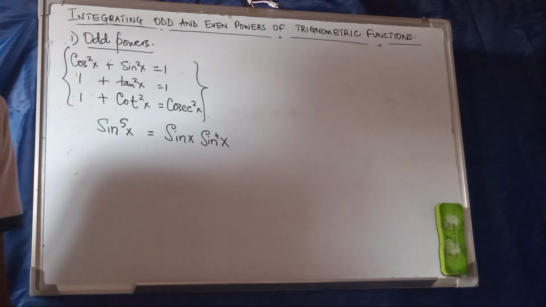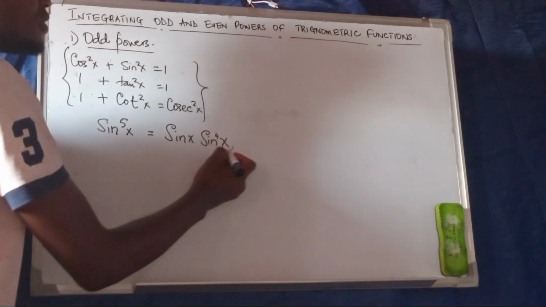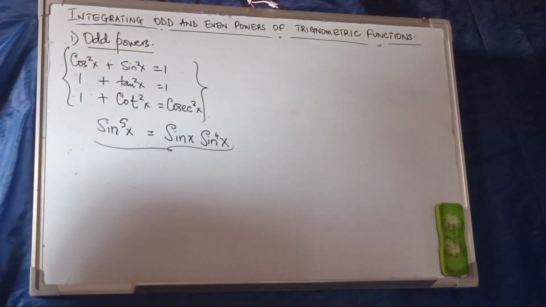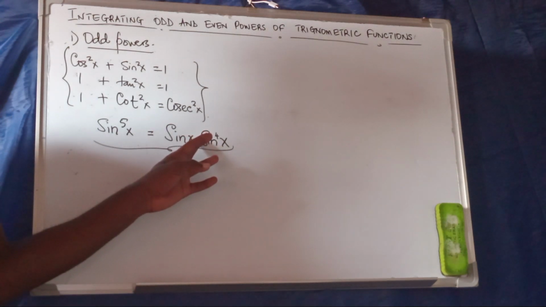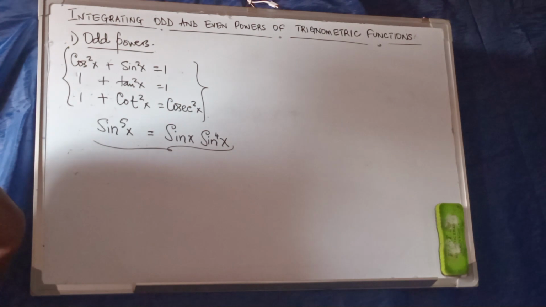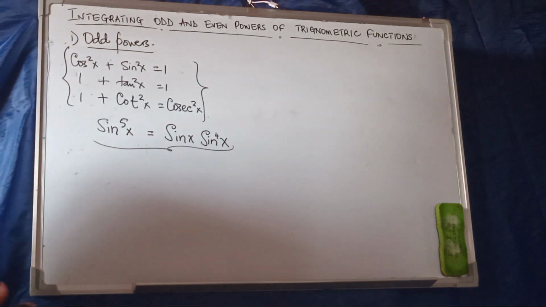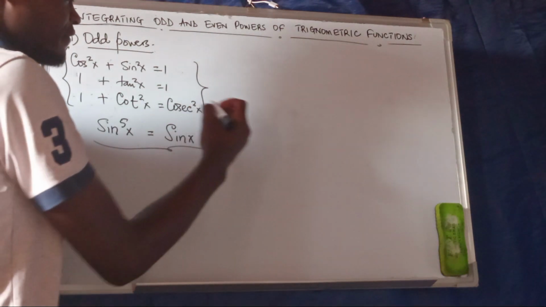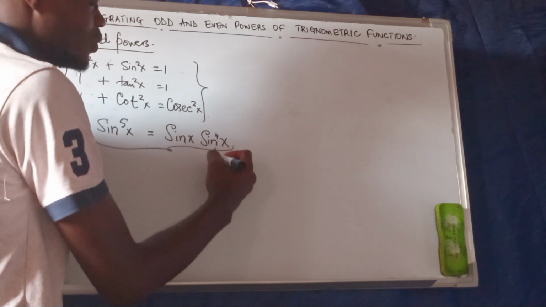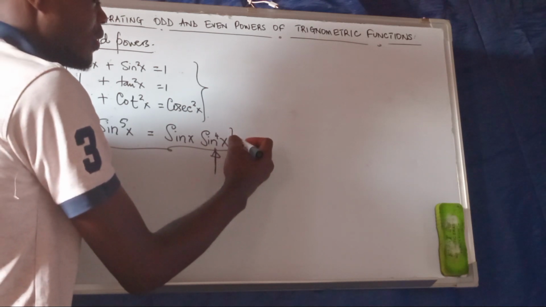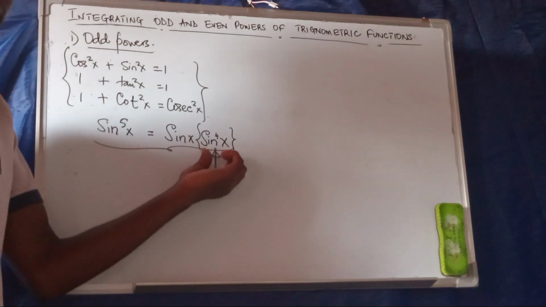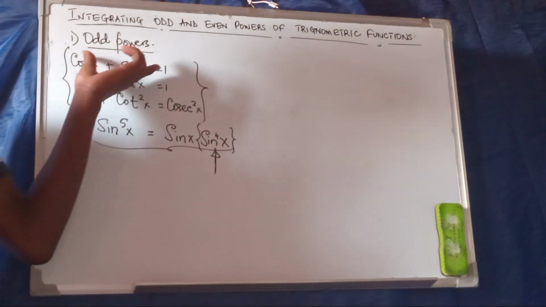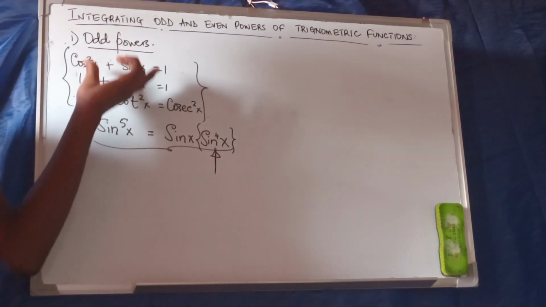That is the first step you have to take. And we shall see why we need this step for us to be successful. And then after that, we deal with this one with an even power. What do we do with this one with an even power? We just go back to our identities.